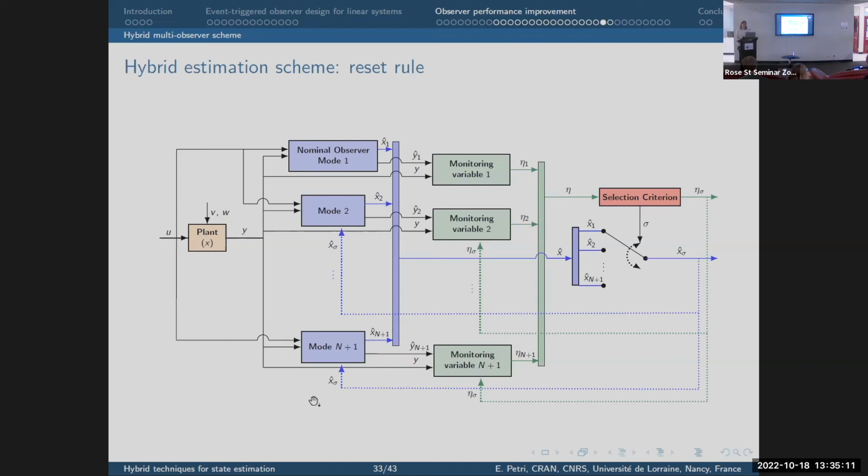So we built a multi-observer that produces n+1 state estimates. We design a monitoring variable for each mode of the multi-observer in order to evaluate the performance, and based on the information given by these monitoring variables, we select one mode at any time instant. Compared to the block diagram that we saw before, here we have these dotted lines that are used when the case with reset is implemented.